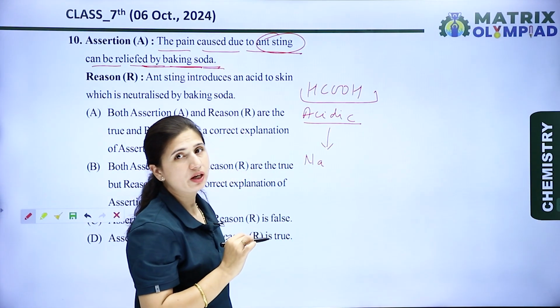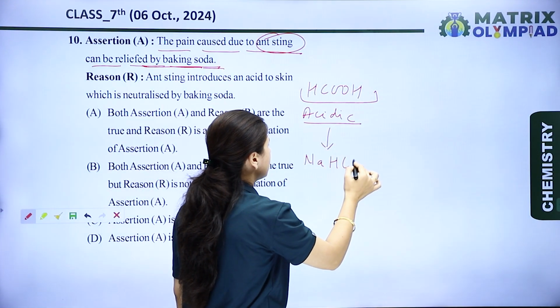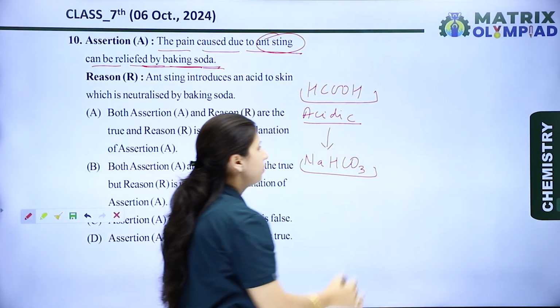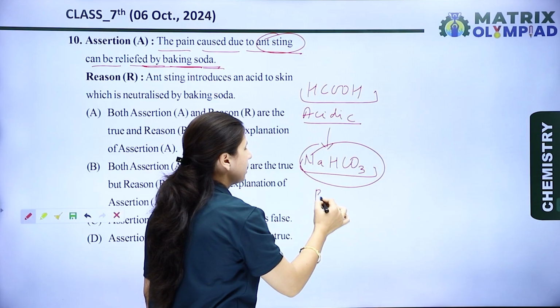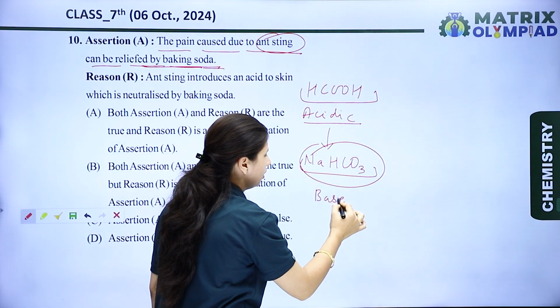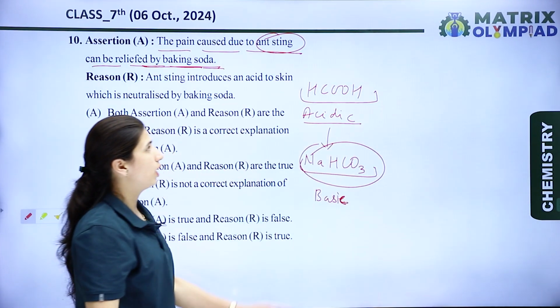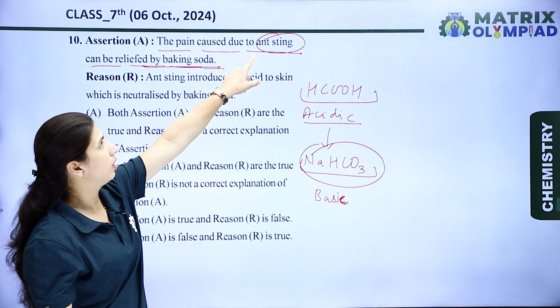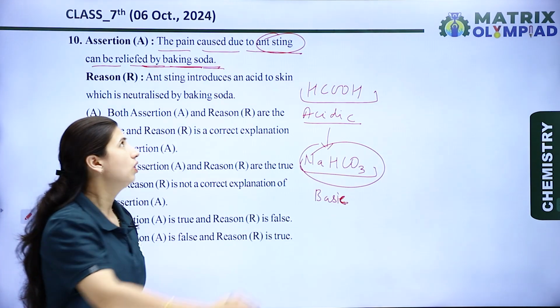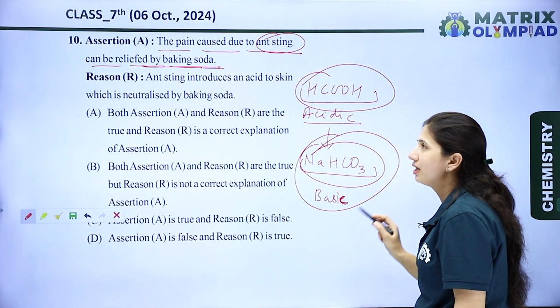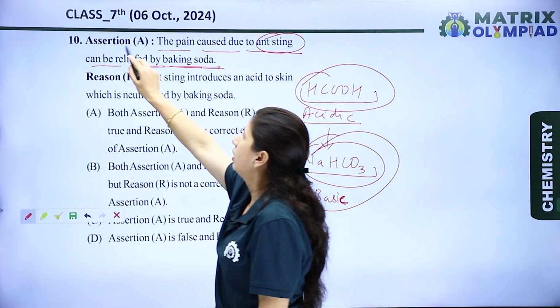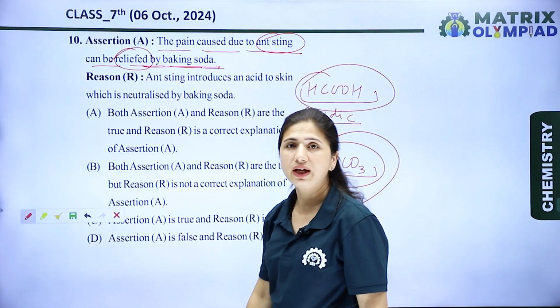The formula of baking soda is NaHCO3. So baking soda is basic in nature. So if we put baking soda on the ant sting, the ant sting creates an acidic effect and the baking soda creates a basic effect, so the pain can be relieved.